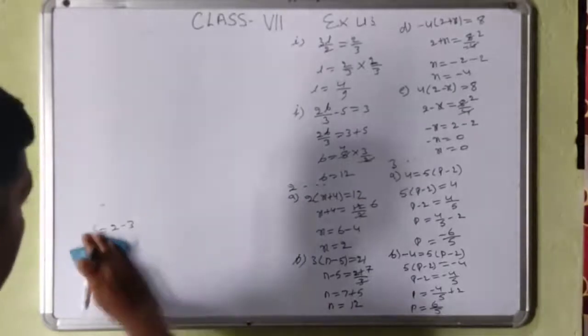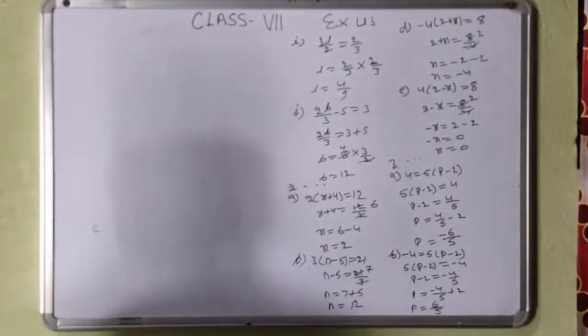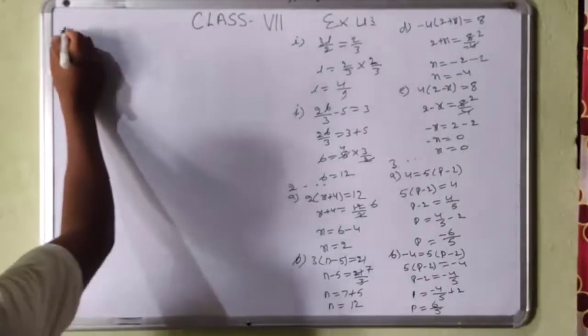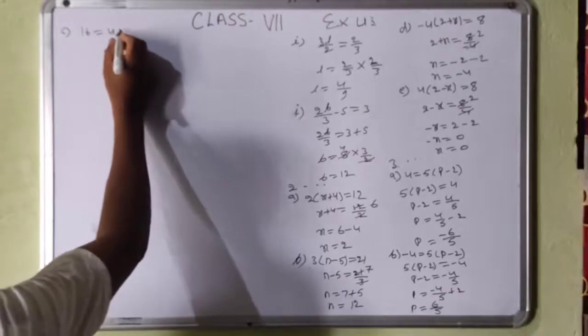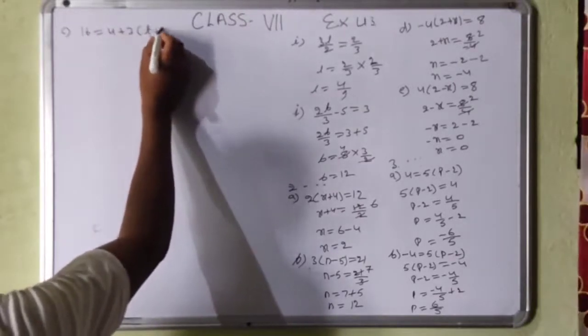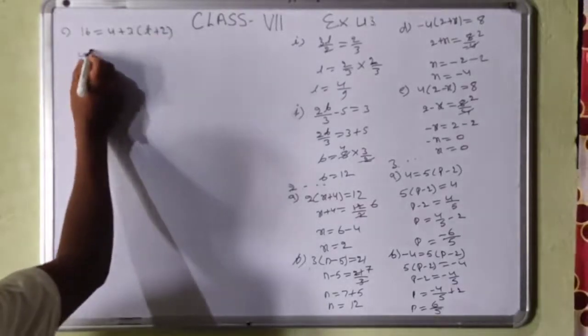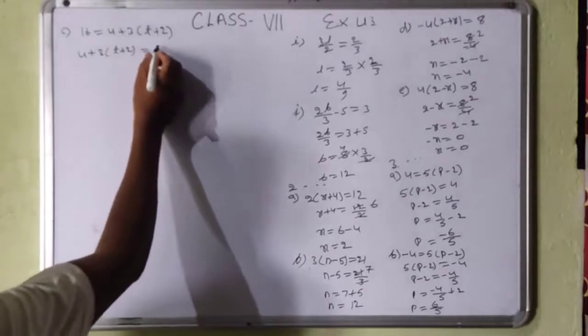Just a minute. C part. Yeah, C part. 16 is equal to 4 plus 3 bracket t plus 2. So 4 plus 3 bracket t plus 2 is equal to 16.